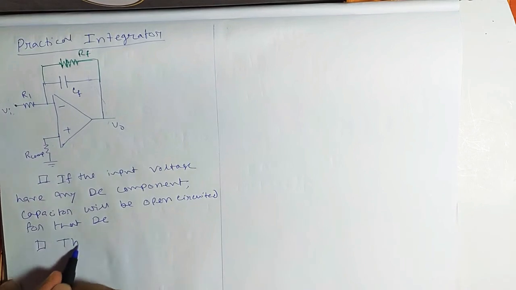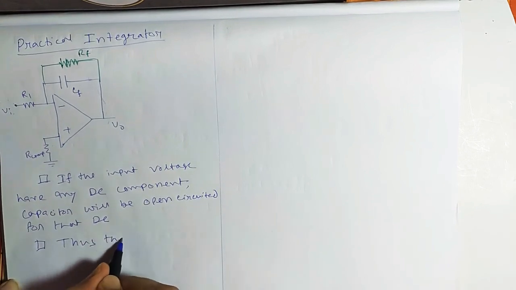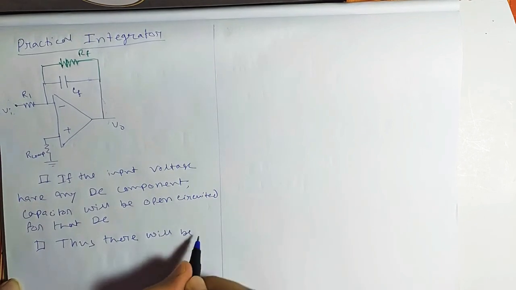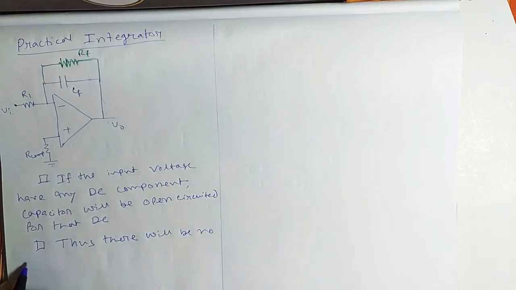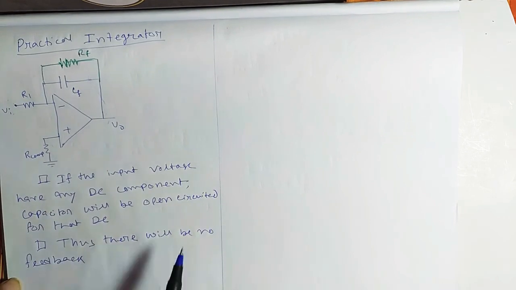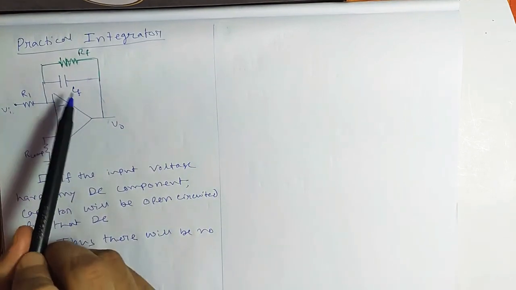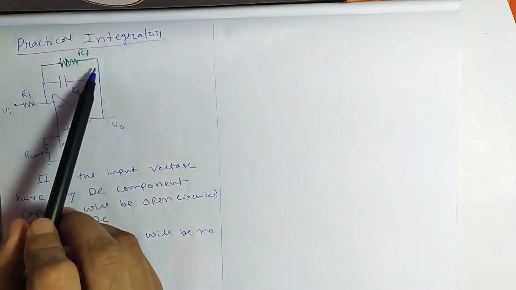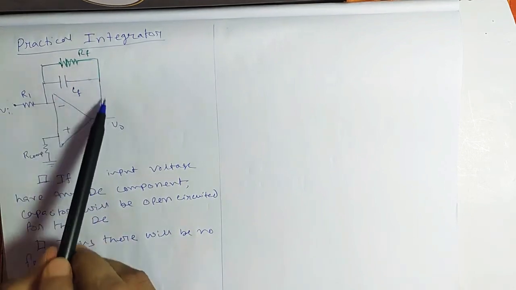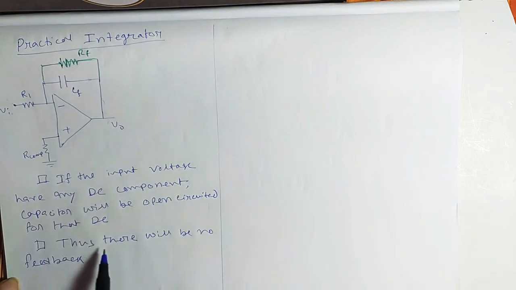Thus, there will be no feedback. That means whenever this is open circuited and you don't have this RF, this input and output don't have any connection. So that is written here.